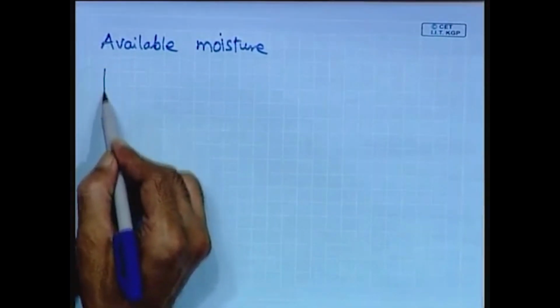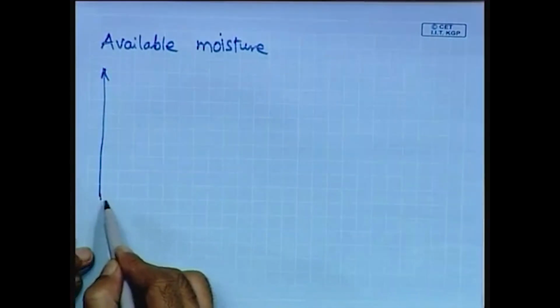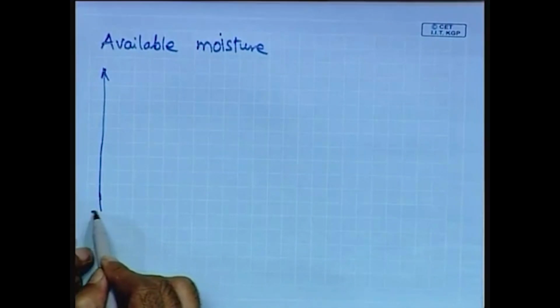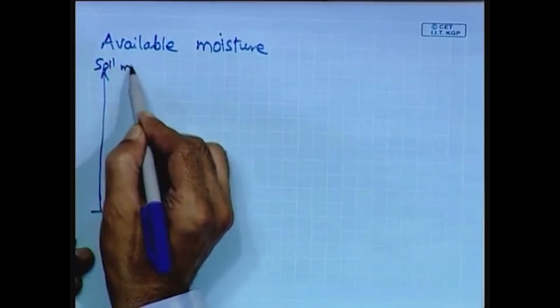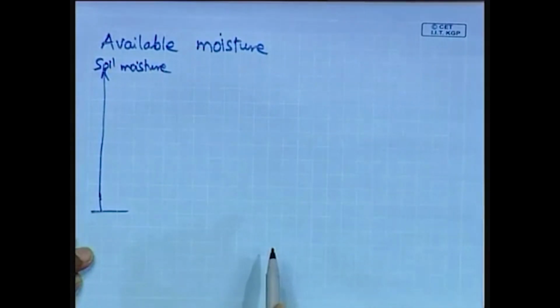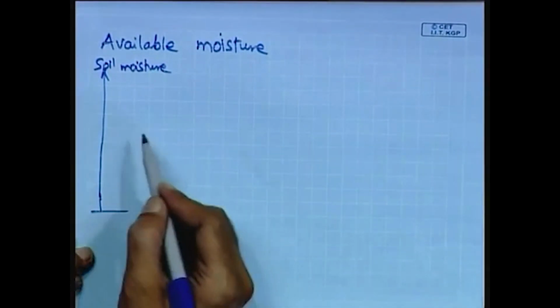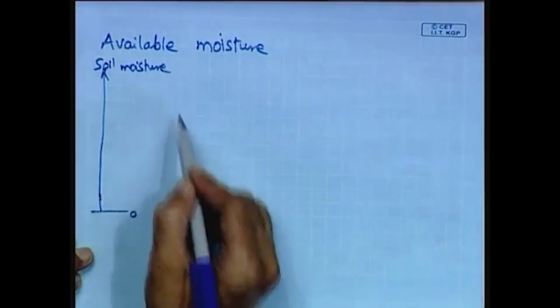Here suppose I represent the soil moisture, and here this is 0.